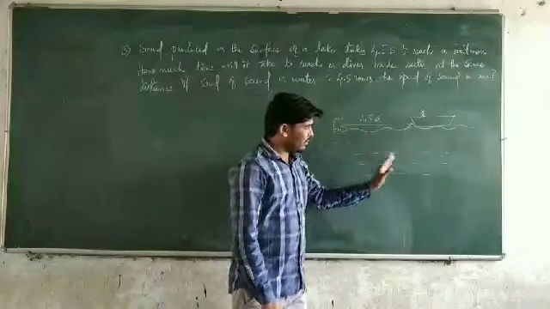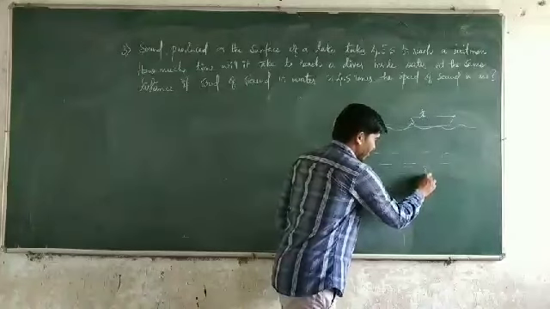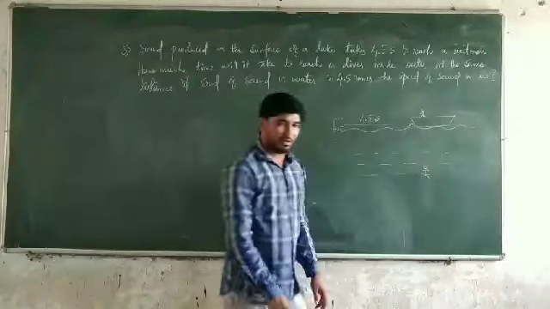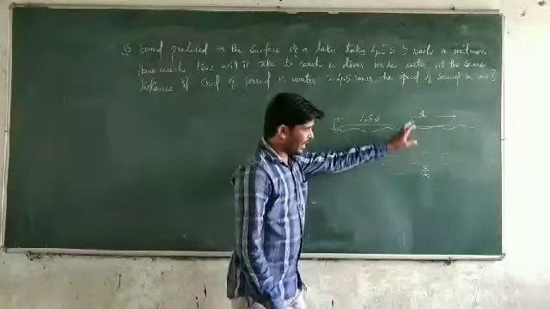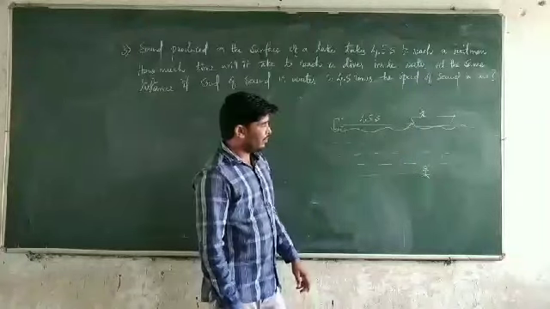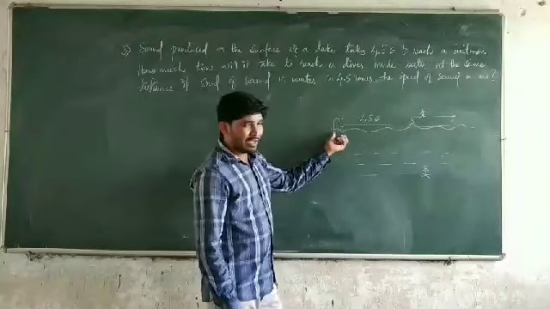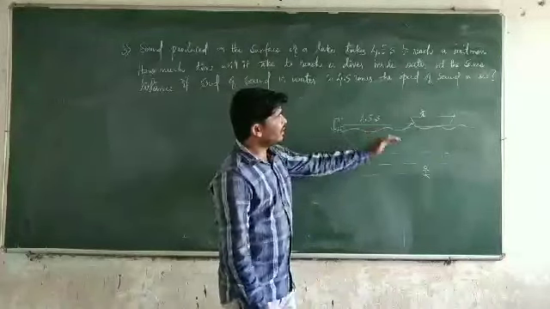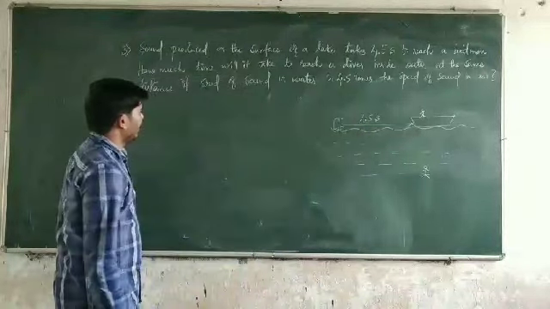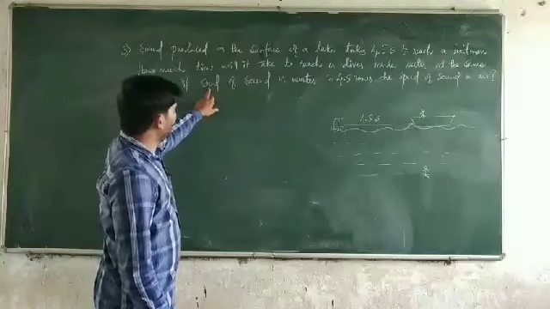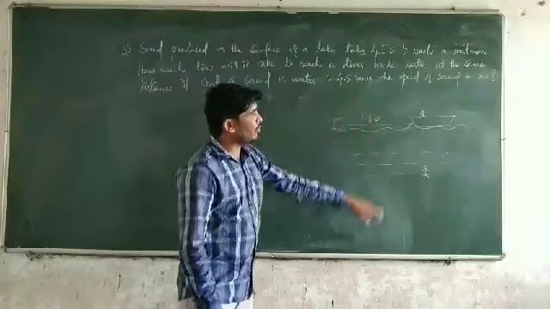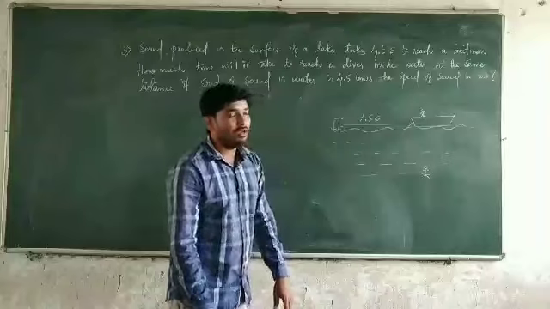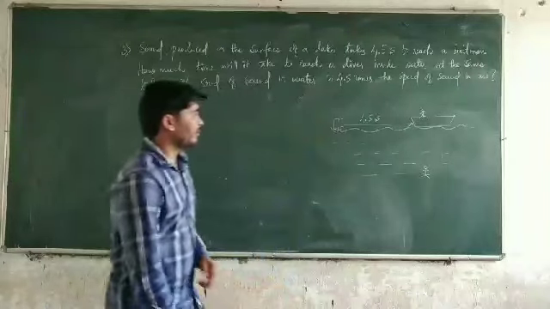So now, how much distance is there between the source and that boatman? The diver who is present inside the water is also at the same depth, and the sound takes some time to reach that diver, and the given speed of sound in water is 4 times the speed of sound in air.